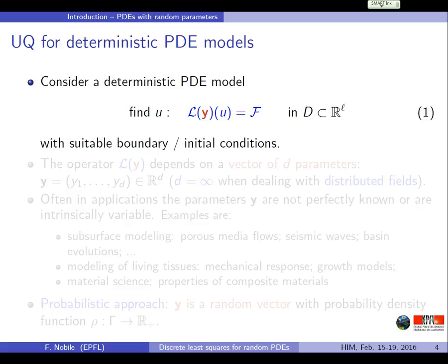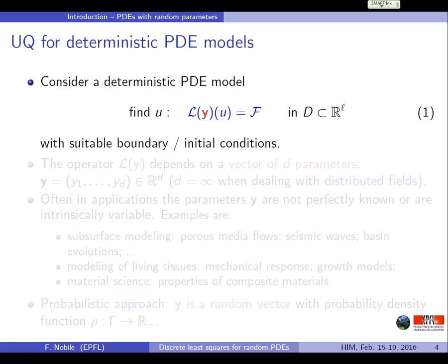However, in this deterministic model, you have several parameters that you do not control perfectly. And you would like to include some range of variability, or if you have more information, some probability distribution function to account for this.